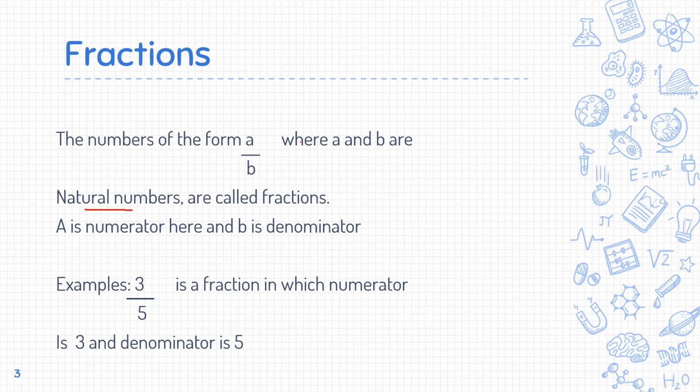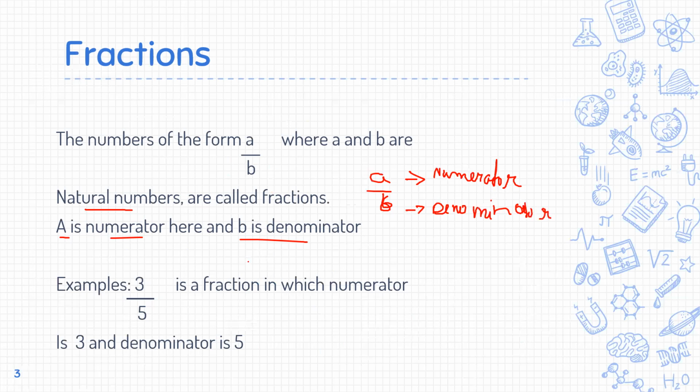So here in a upon b, a is the numerator, and b is the denominator.